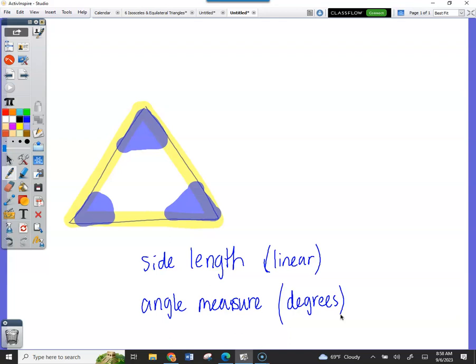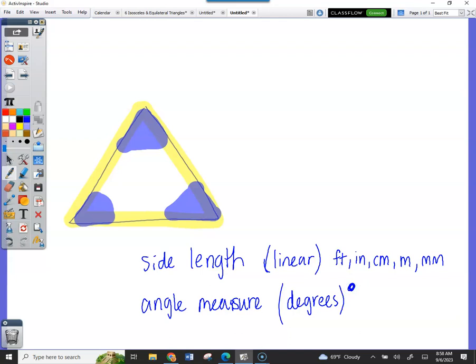This side length, I can lay a ruler down. Angles, I'm talking about opening up and I'm measuring always in degrees. Side length, linear, could be feet, inches, centimeters, meters, millimeters, you name it. Angle measure is always one thing. What is it?